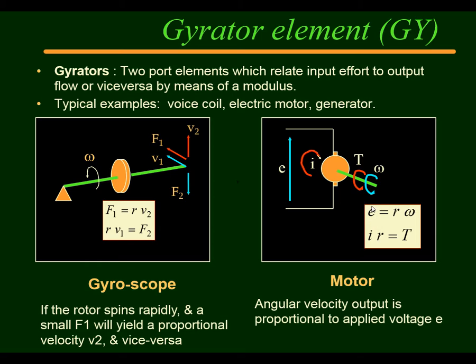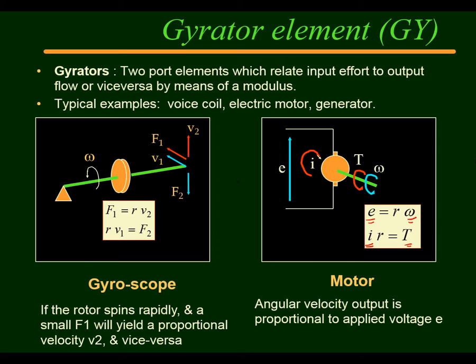The relationship between the output is directly related to the RPM of the motor, or the current is related to the torque. That's how this works. This element has the same kind of properties as the transformer, but the variables are crossed.